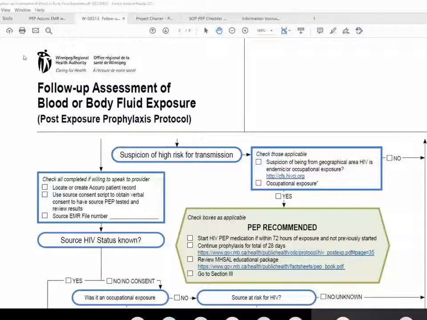This was done in conjunction with the legal department as well as privacy to make sure that we are in alignment with all legislation. And although it's not an additional form, it is a clinical note template that you can pull up.